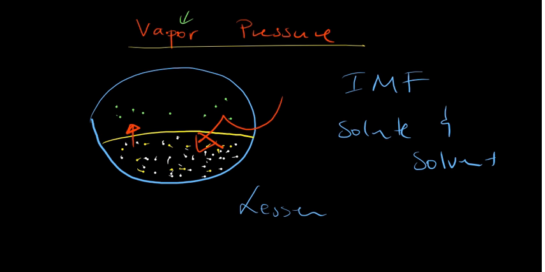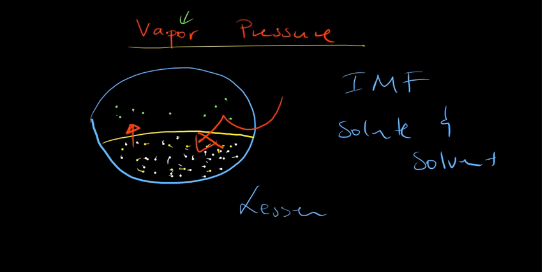So what are we trying to say? If you add a solute that is non-volatile and heavy, it is going to affect the amount of the solvent that vaporizes, thus reducing the vapor pressure of the solution.